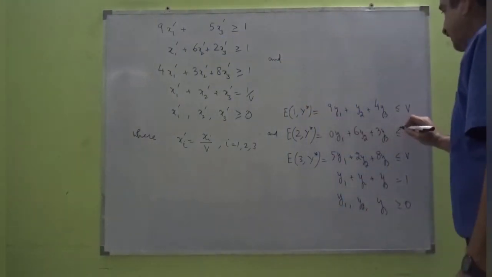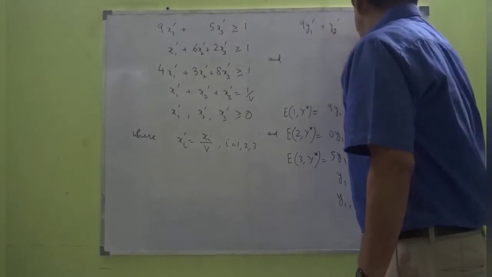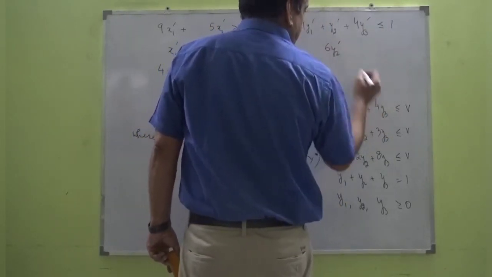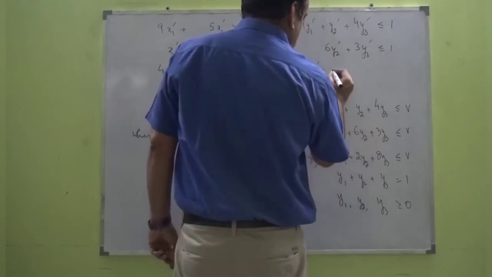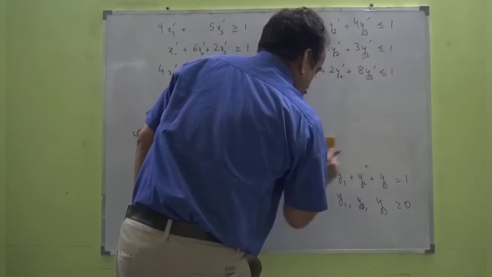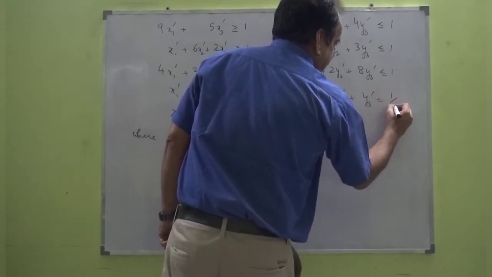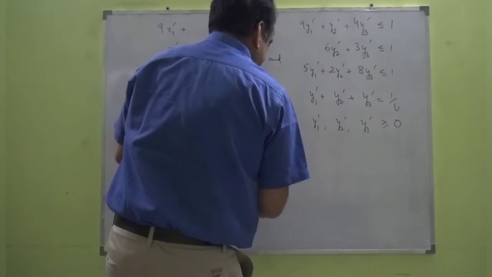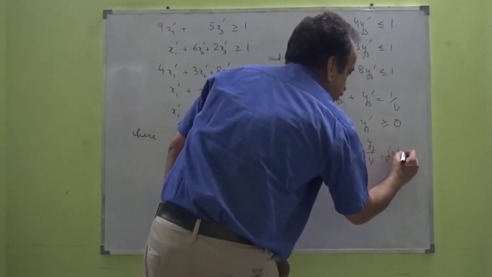We need to divide the other relations also by V. We get 9y1 dash plus y2 dash plus 4y3 dash less than or equal to 1. 0y1 dash plus 6y2 dash plus 3y3 dash should be less than or equal to 1. 5y1 dash plus 2y2 dash plus 8y3 dash less than or equal to 1, and then y1 dash plus y2 dash plus y3 dash should be equal to 1 by V. y1 dash, y2 dash, y3 dash are all greater than or equal to 0, where yj dash is equal to yj divided by V, j varies from 1 to 3.